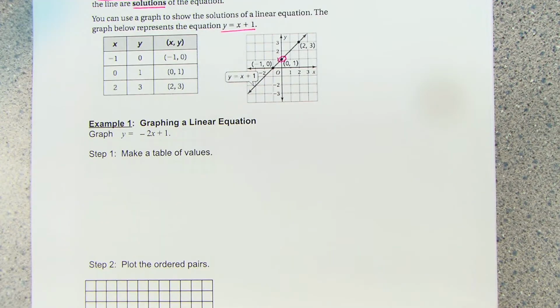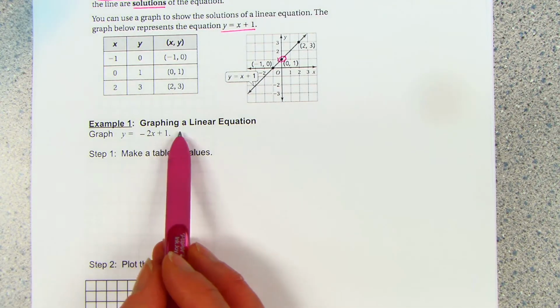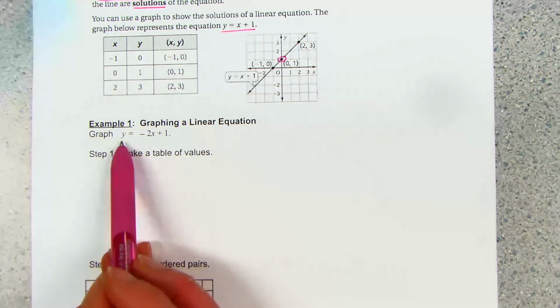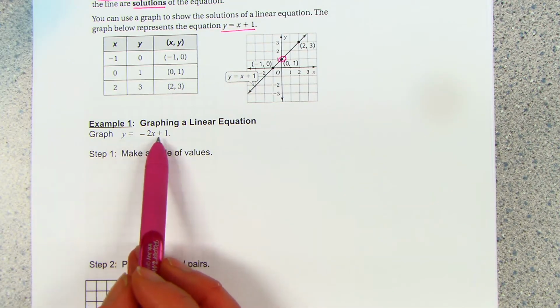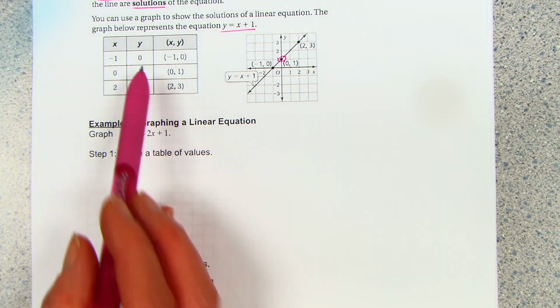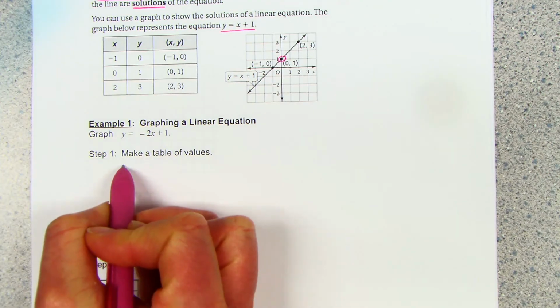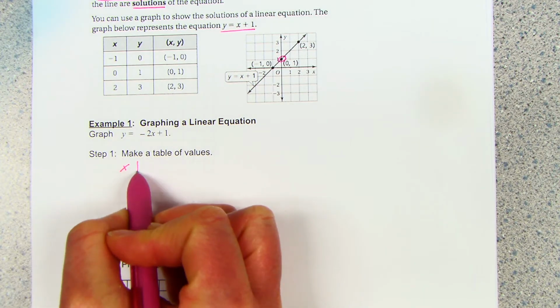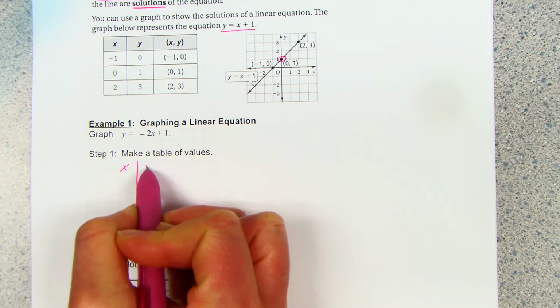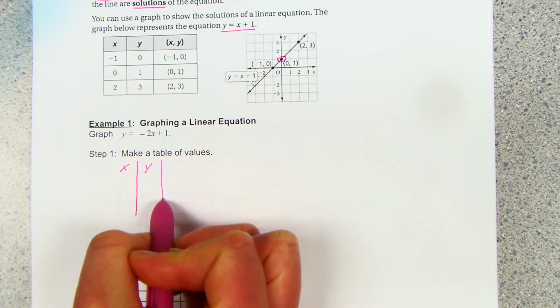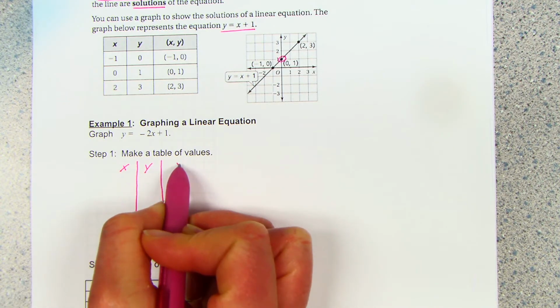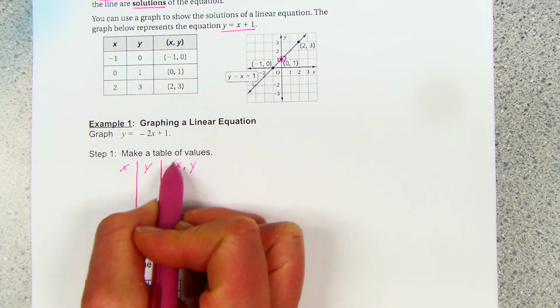Okay, so to graph a linear equation, y equals -2x plus 1, let's make a little table of values just like this. We're going to have an x and a y, and then the ordered pair.